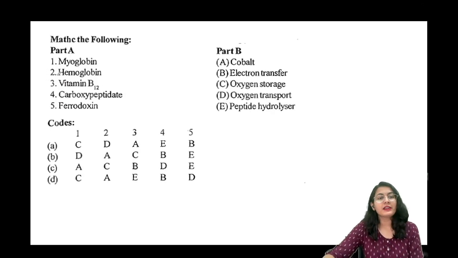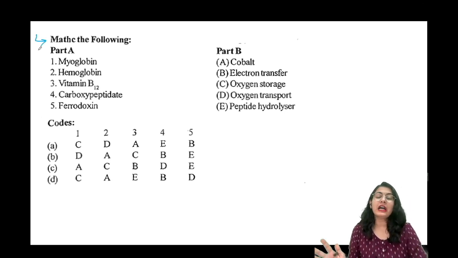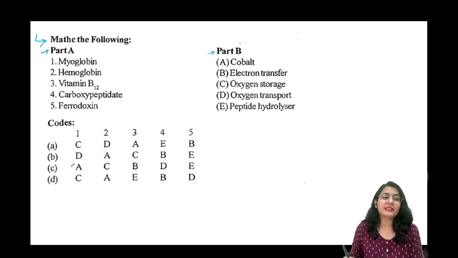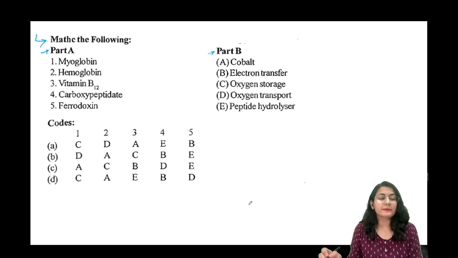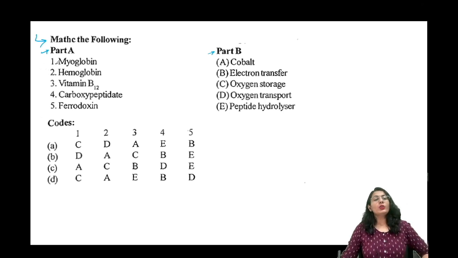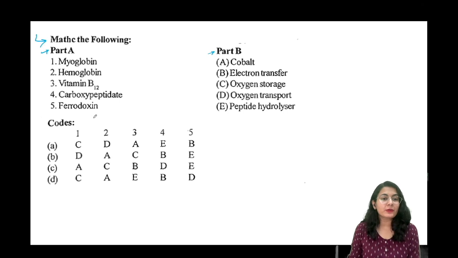Okay. Now, a very interesting question over here. Match the following. Definitely, guys, we have not yet studied the other things, but we will do so very soon after this. So, part A and part B, you have to match and then select the correct codes. Yeah, just stop the video, do it by yourself. Both myoglobin and hemoglobin are given. So vitamin B12, carboxypeptidase, ferredoxin.